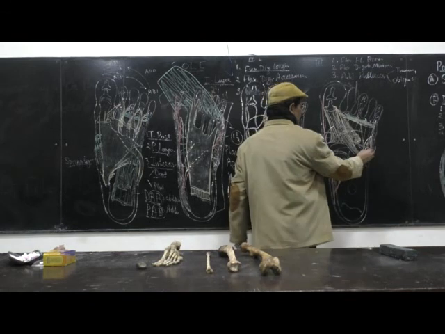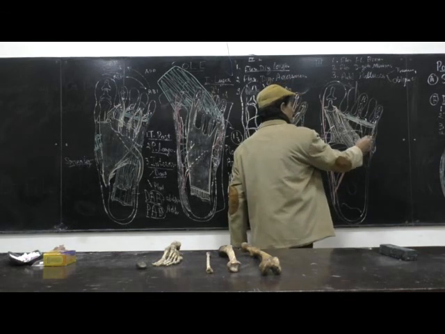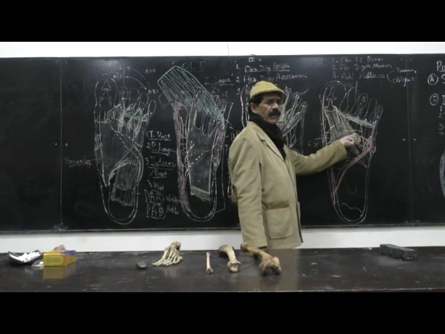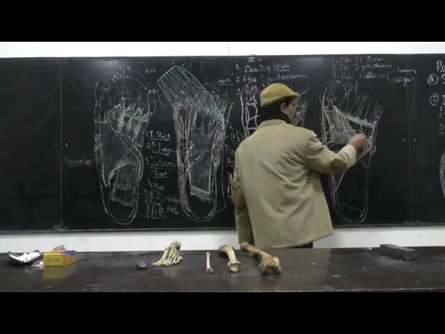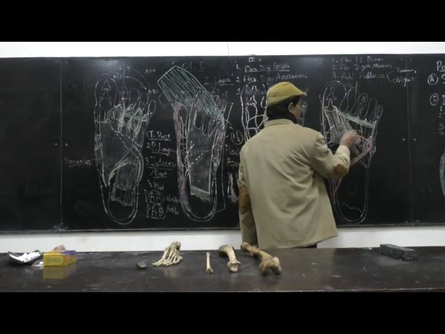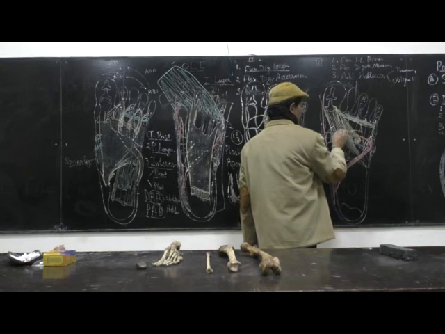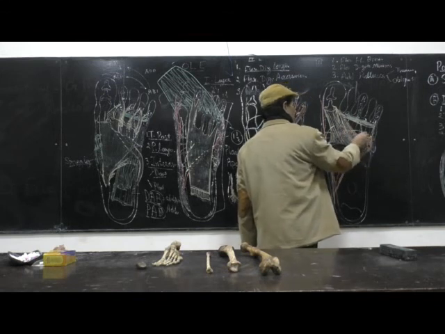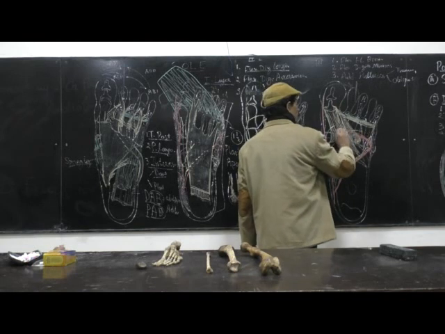From here, this artery turns medially and pierces the oblique head of the adductor hallucis, and supplies it also. Then it reaches near the gap between the bases of the first and second metatarsals. While it is going from the lateral to the medial side, it becomes arc-like.